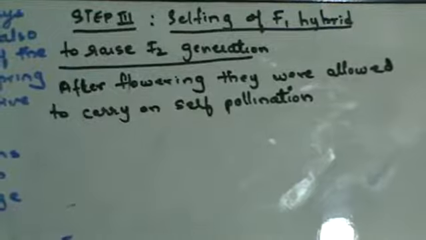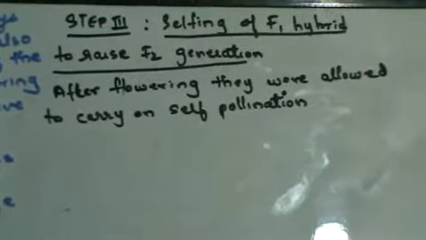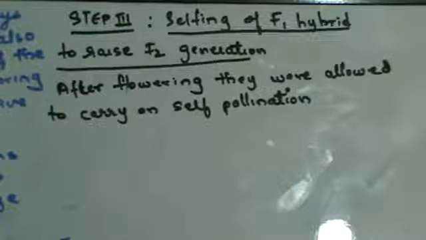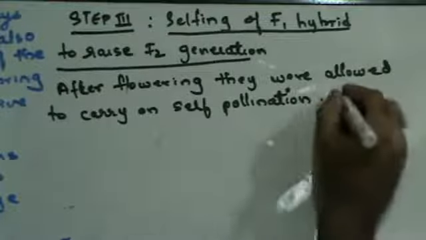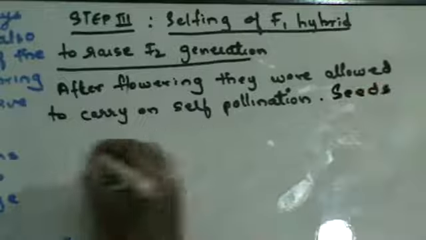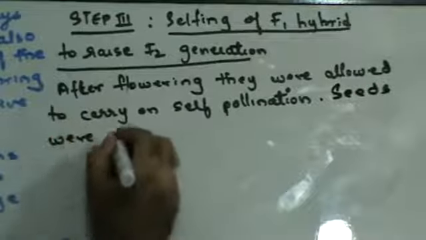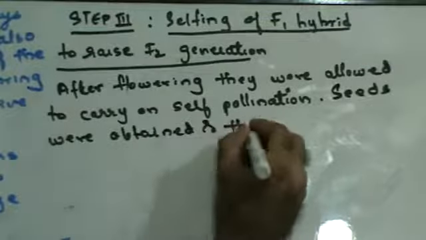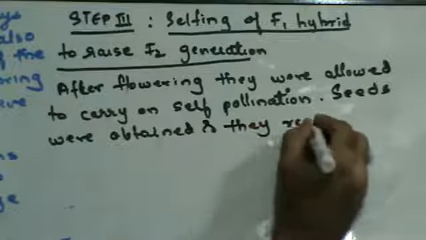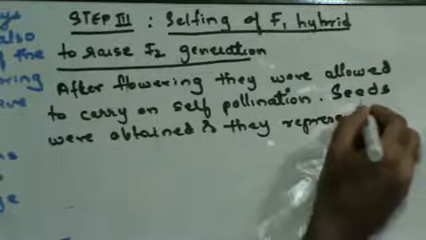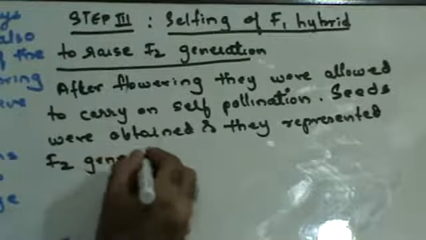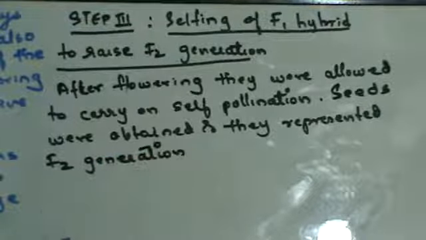Right? Now, so I got the F1 generation, I've done self-pollination of the F1 generation. Now seeds were obtained and they represented the F2 generation.